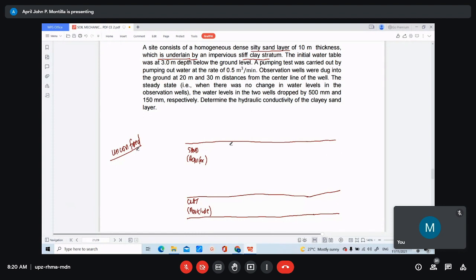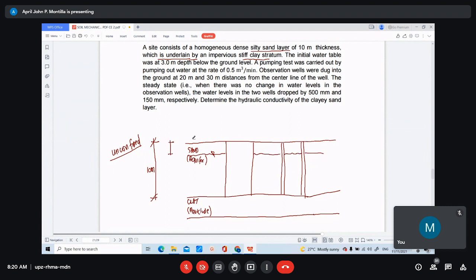Ngayon, anong ginawa dito? Pumping of wells or pumping test. Meron tayong test well, meron tayong dalawang observation wells. Anong sabi doon? We have a 10-meter thick aquifer or sand layer. And then, the initial water table, assume natin nandito, hindi natin alam.